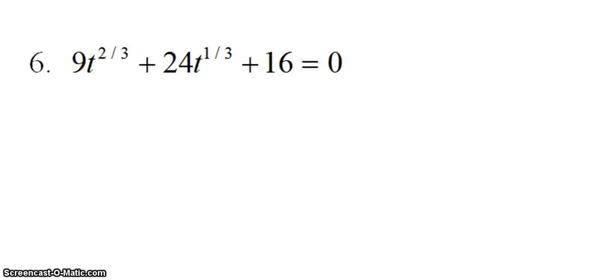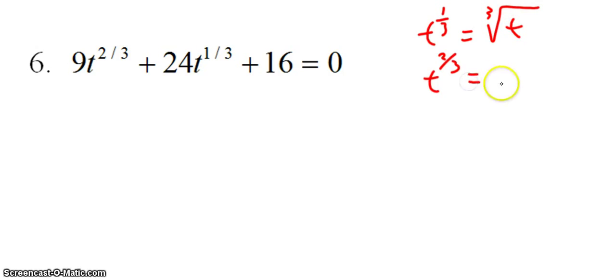Okay, number 6. 9t to the 2/3 plus 24t to the 1/3 plus 16 equals 0. Alright, so a couple things that we need to remember here. Remember that t to the 1/3 is the same thing as the cube root of t. So t to the 2/3 is the same thing as the cube root of t squared.